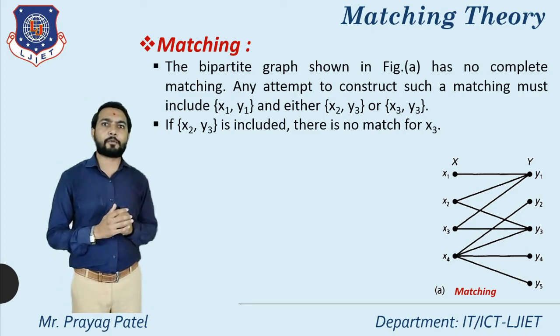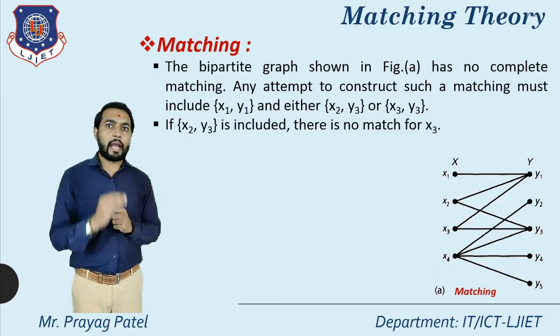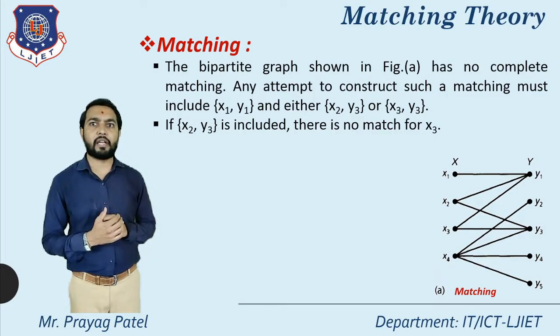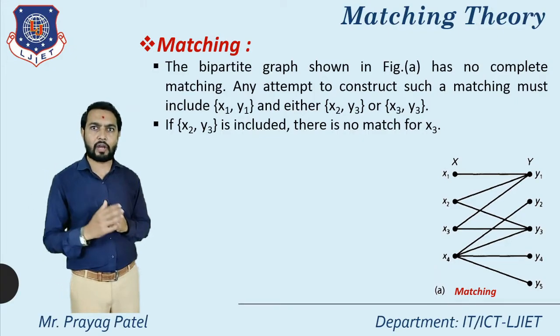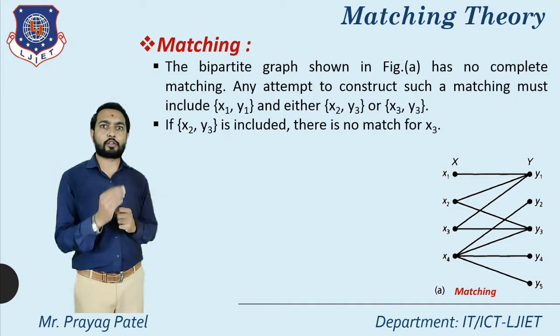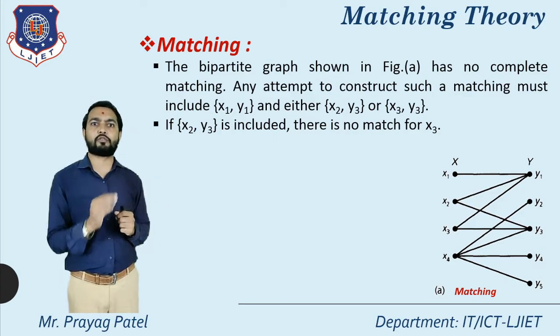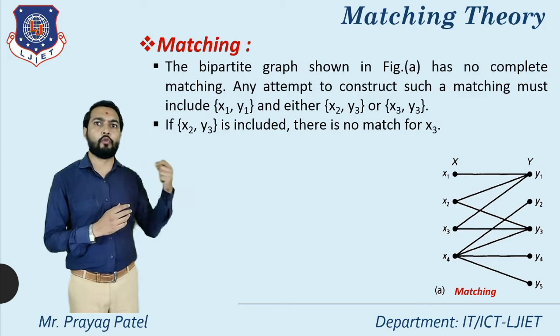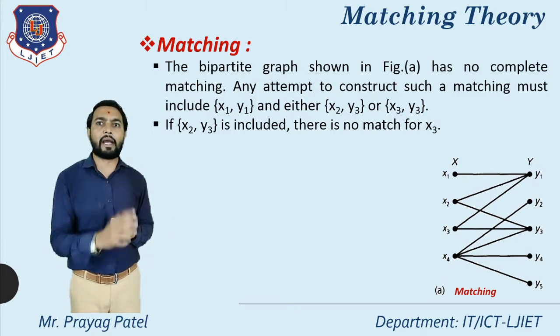The bipartite graph shown in figure A has no complete matching. Any attempt to construct such a matching must include x1, y1, and then you can include x2, y3 or x3, y3. If you included x1, y1, then you try the next node, x2, y3.